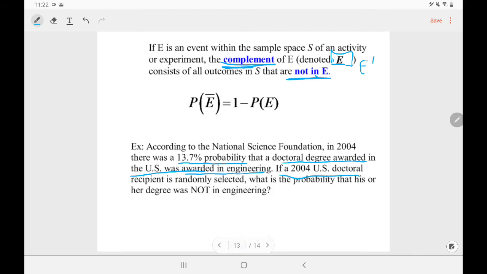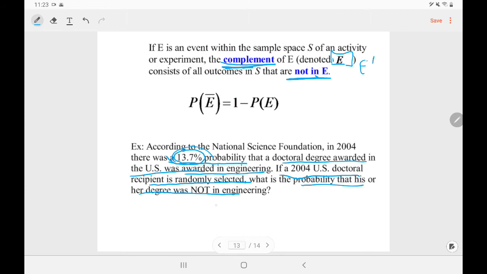If in 2004 a US doctoral recipient is randomly selected, what's the probability that his or her degree was not in engineering? Well, that is the exact opposite of 13.7%. We're talking about everyone else other than that 13.7%.